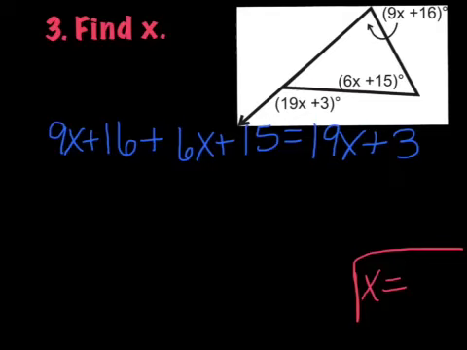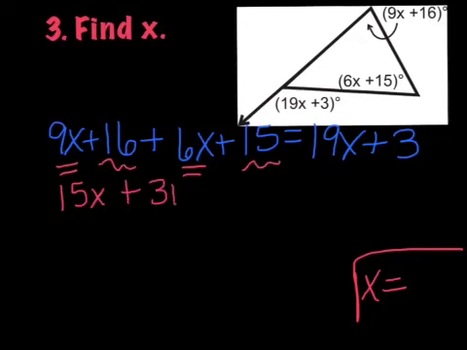Okay, so now we combine like terms. That gives us 15x plus 31, and that equals 19x plus 3. Okay, let's get our x's to one side, so I'll subtract 19x.